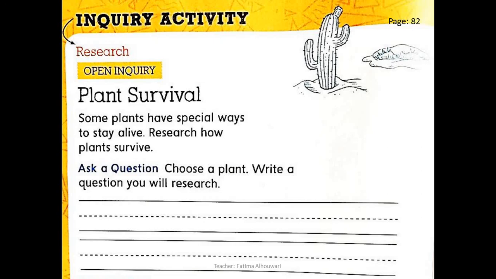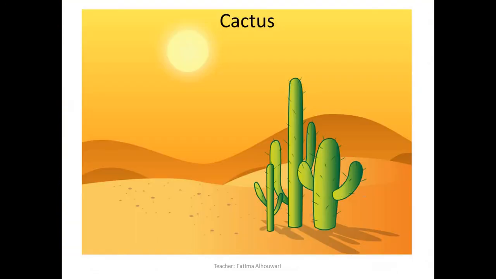We have an inquiry activity and we would like to answer the next question. How does a cactus survive in a desert? It's a very big question, right? So please, grade 1, write this question in your book and let's investigate this question.